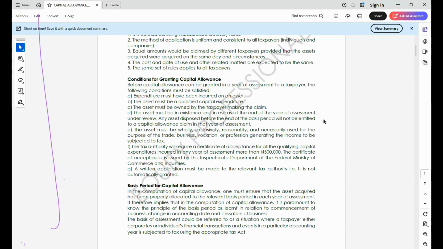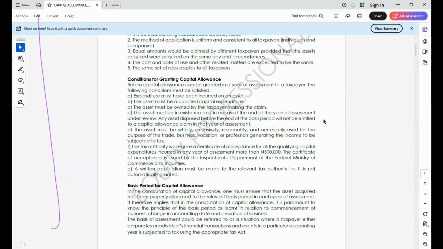As a result, your basis period for capital allowance is the same basis period you have for assessable profit. What that means is that the basis period you compute for your assessable profit is also the basis period you are going to adopt for your capital allowance computation.